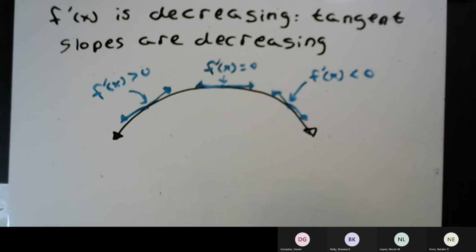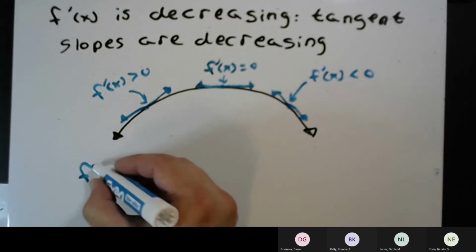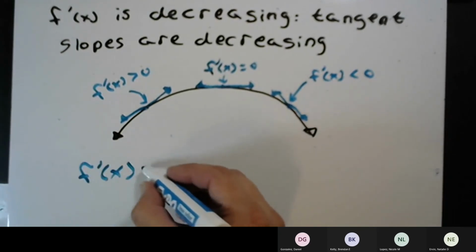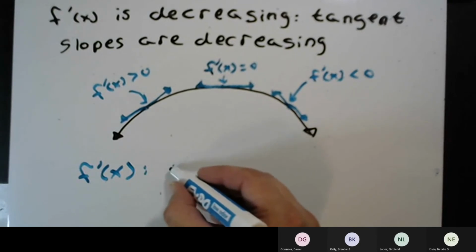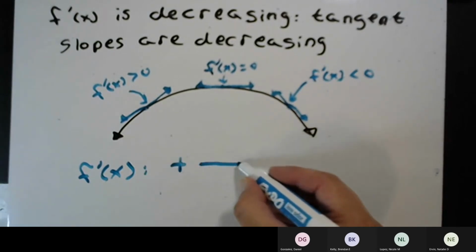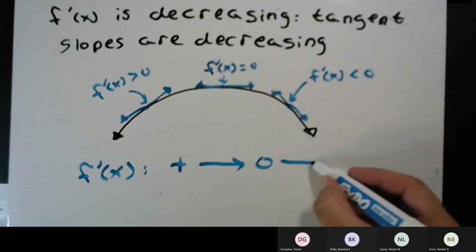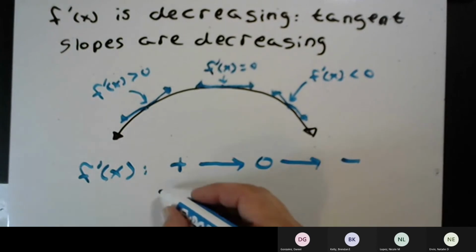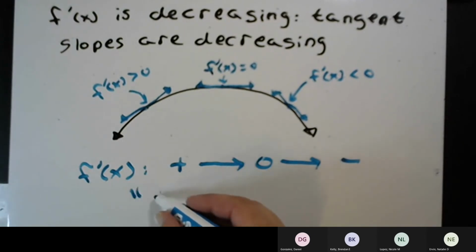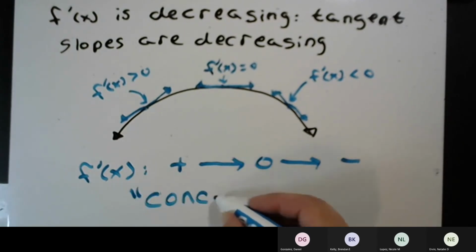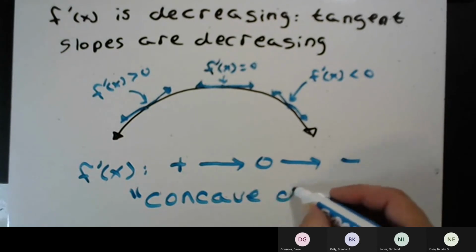So in this case, if you look at our f prime of x, it went from positive to 0 to negative. And this is what we mean by concave down.